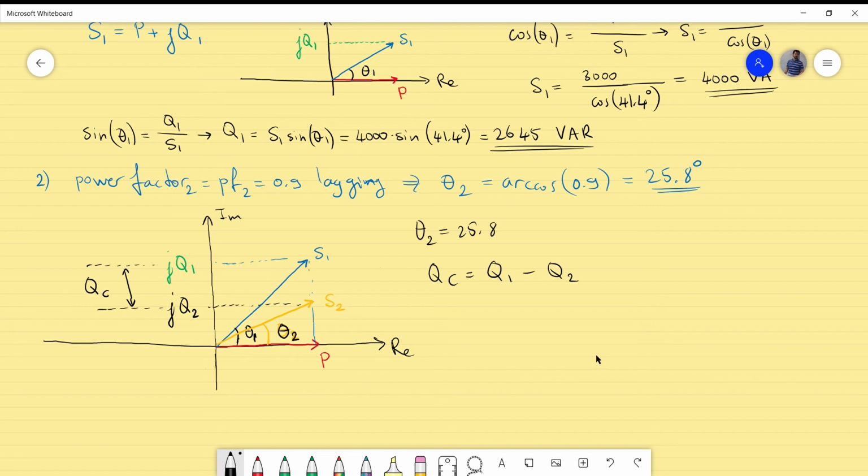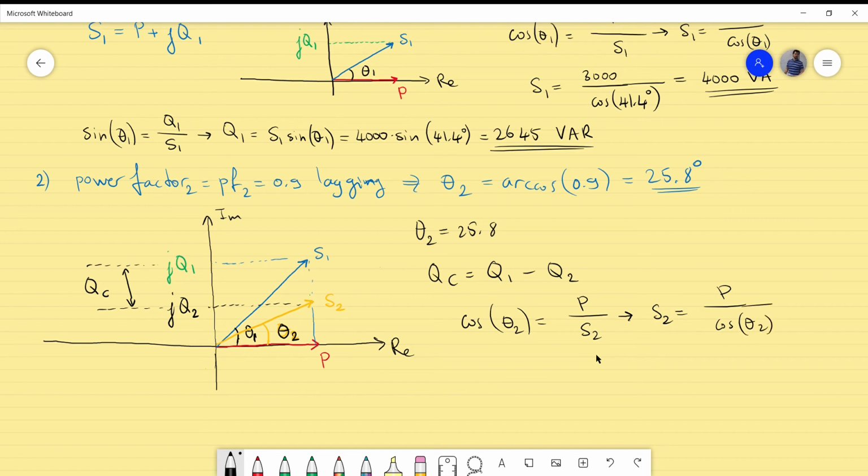Okay, let's move on. So what is S2? Let's make the situation clear again. The cosine of theta 2 will be P divided by S2. So this will bring us to S2 is equal to P divided by cosine of theta 2.